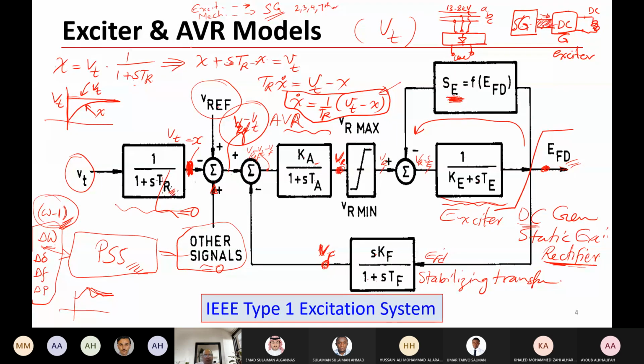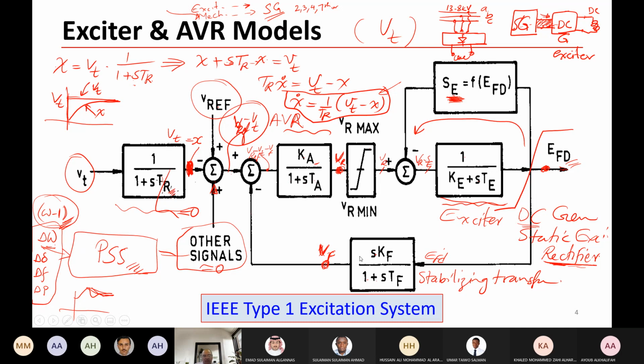As far as we are interested in dynamic stability, a few seconds after the fault, in our model we will not consider the mechanical part. We will assume that the mechanical power is kept constant during these 2-3 seconds after the fault.